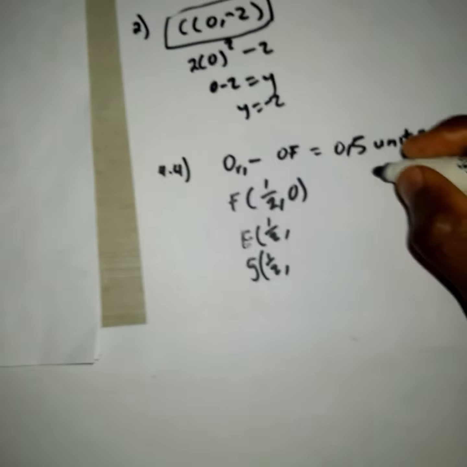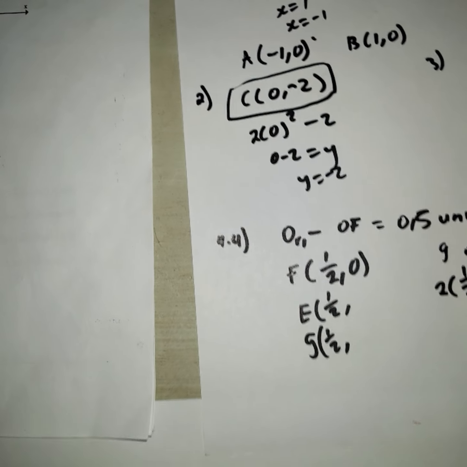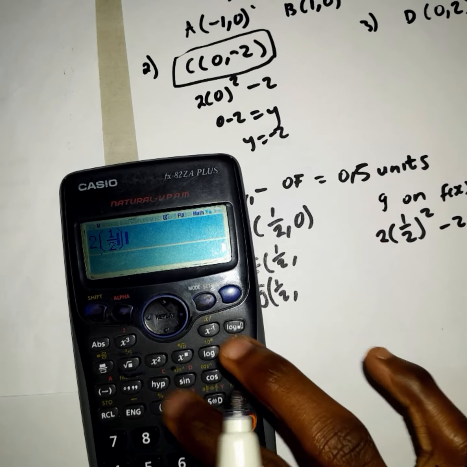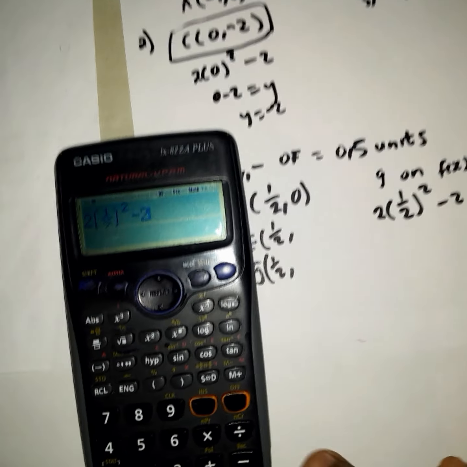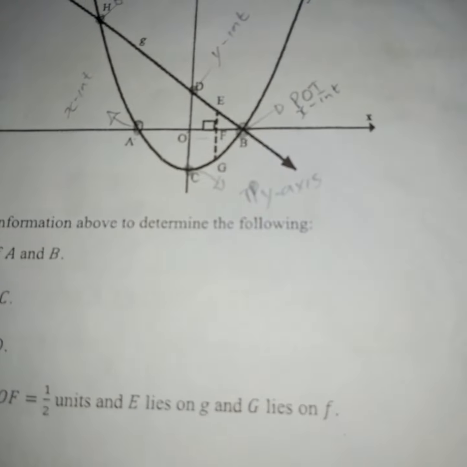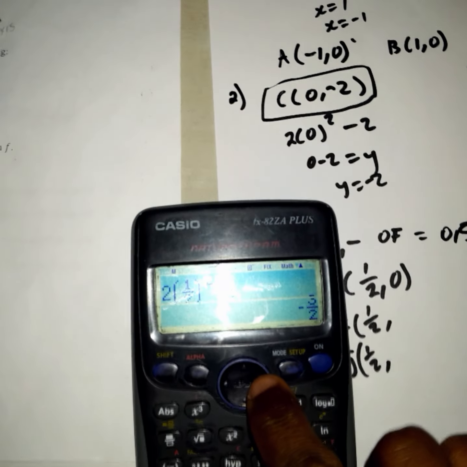It's easy, we can do that by substituting in the formulas here. G is on the graph of f of x. So in the equation of f of x, we substitute x with half, so half squared minus 2. Let me just use the calculator. Half squared minus 2, the answer will be negative 3 over 2, which is negative 1,5.